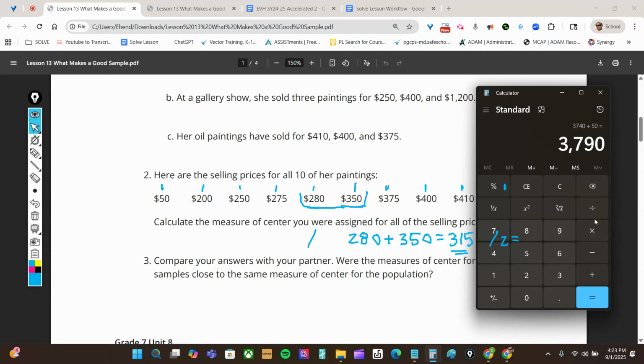Divided by 10, that's $379. 3,790 divided by 10 equals 379. All right.